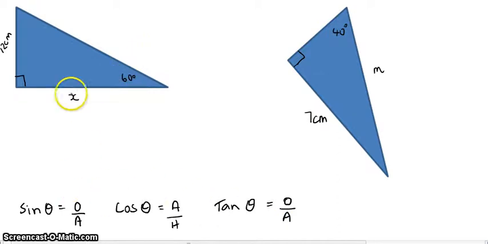So we know we're going to use one of these formulas. We want to find x. Identify what we have. Well, here's our angle, theta. We have an opposite to this angle, and we have an adjacent to this angle. And theta, we know this one, it's going to be tan theta is opposite over adjacent.